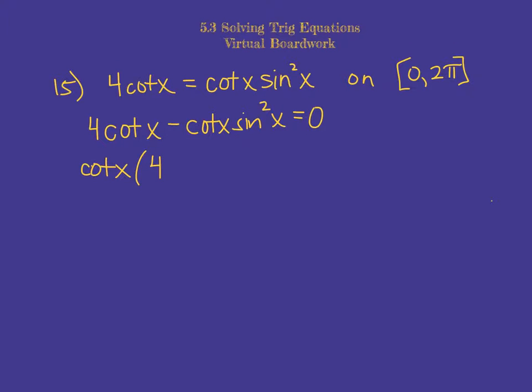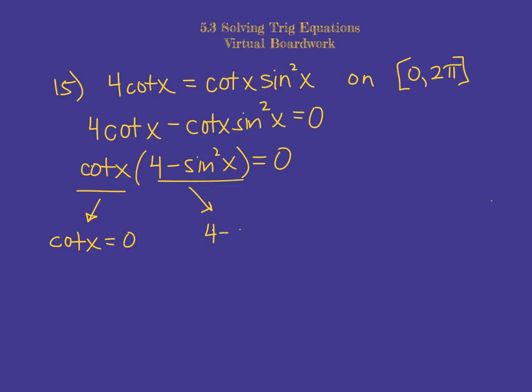So we're left with 4 minus sine squared of x. From here, we want to set each factor to 0. So we're going to set cotangent of x equal to 0, and then we'll solve that. Then we're going to set 4 minus sine squared of x equal to 0 and solve that.